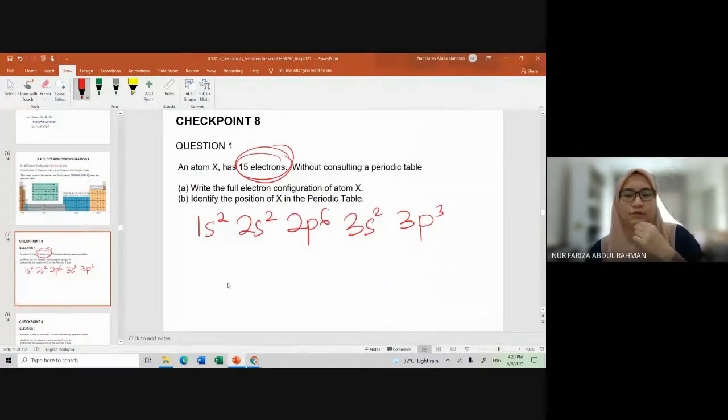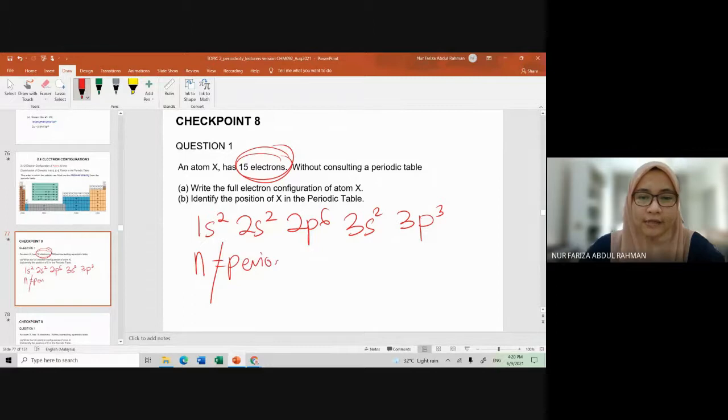Alright, so what will be the n, ataupun the principal energy level for X? Or the period for X? 3. Okay, so X is located at period 3. And then how about the group?